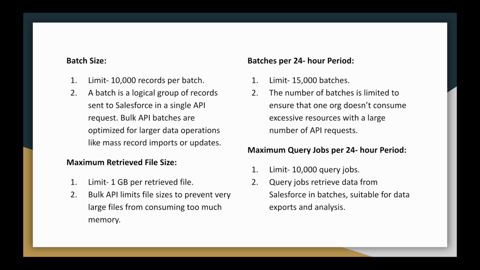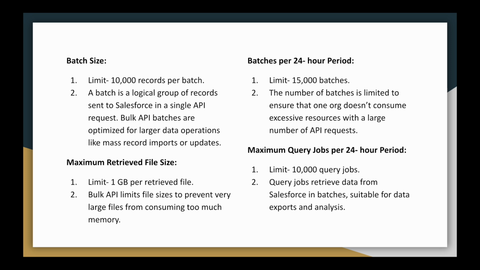The number of batches is limited to ensure that one org doesn't consume excessive resources with a large number of API requests. So we need to keep everything in check so that the limit doesn't get hit. Then we have the maximum retrieved file size. We can retrieve 1 GB per retrieved file, and Bulk API limits file sizes to prevent very large files from consuming too much memory. Then we have maximum query jobs per 24-hour period.